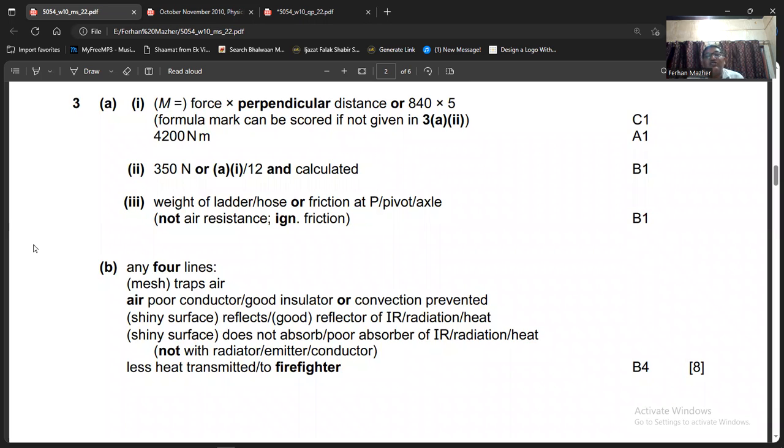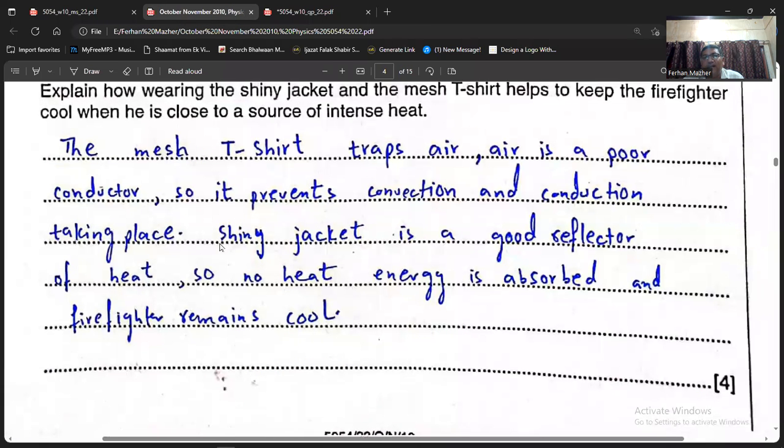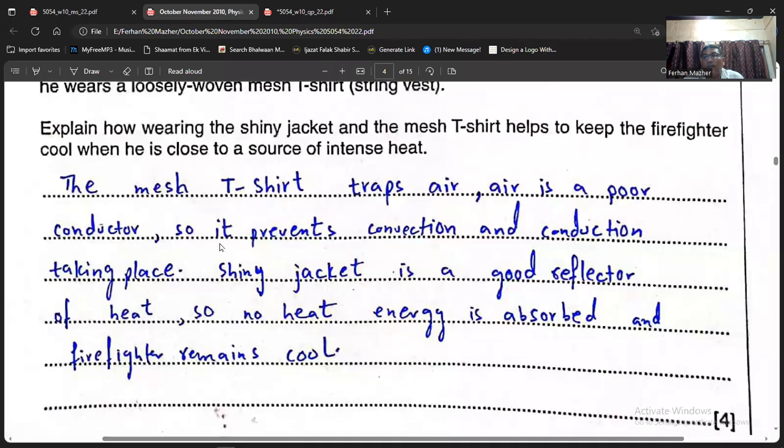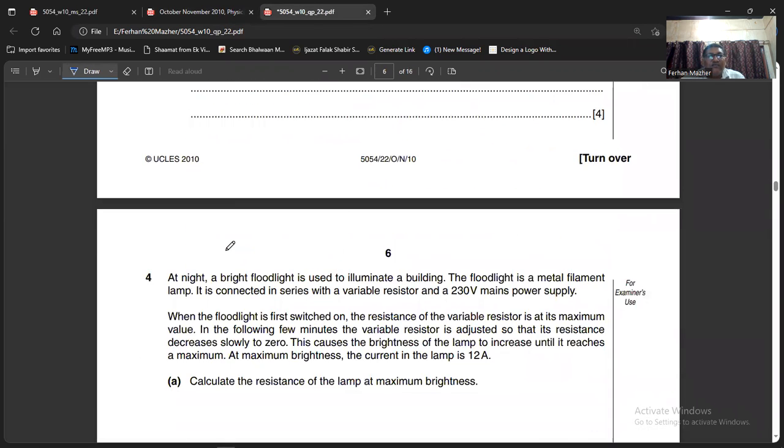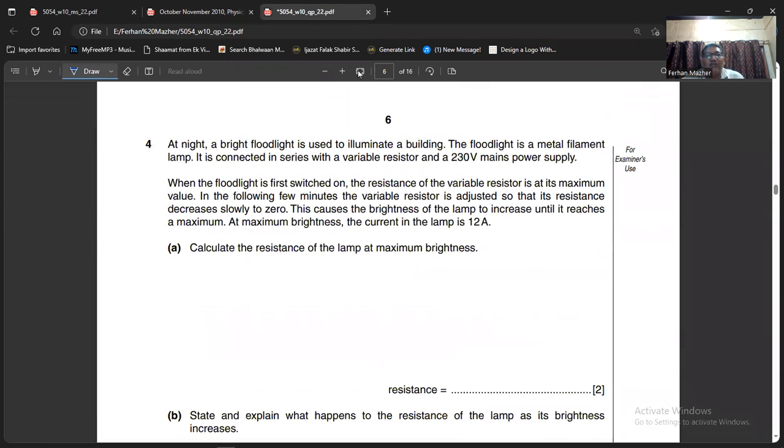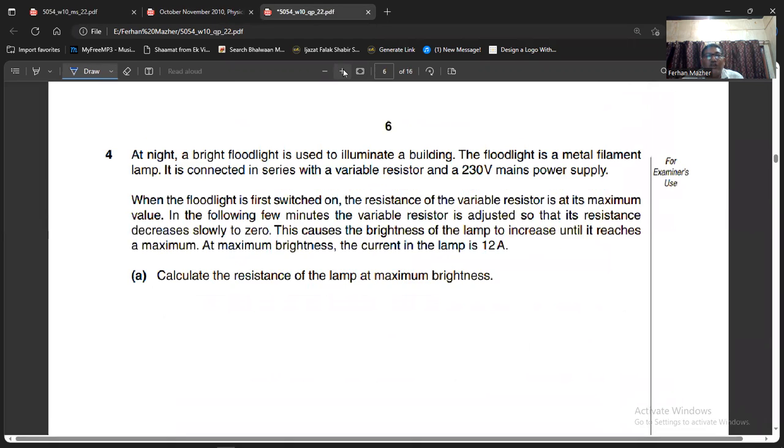Less heat transmitted to the firefighter. So this is the answer. Aisha has written a good answer as well, but you can always write a better answer. So we are done. Question number 4 is now showing up on your screen.